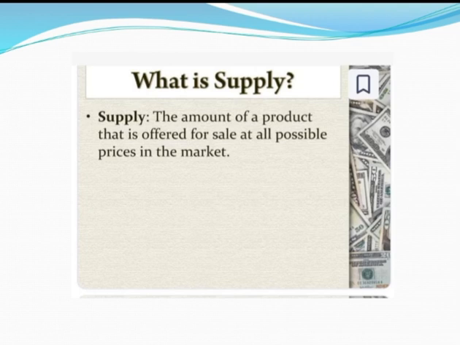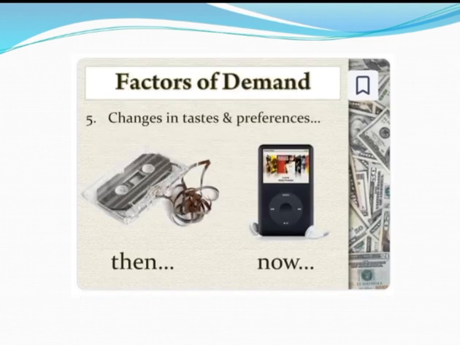So another factor affecting demand is expectation. Expectation means if a buyer or customer thinks that in recent days the prices of that product are going up, they tend to buy more, even if prices are higher, right?